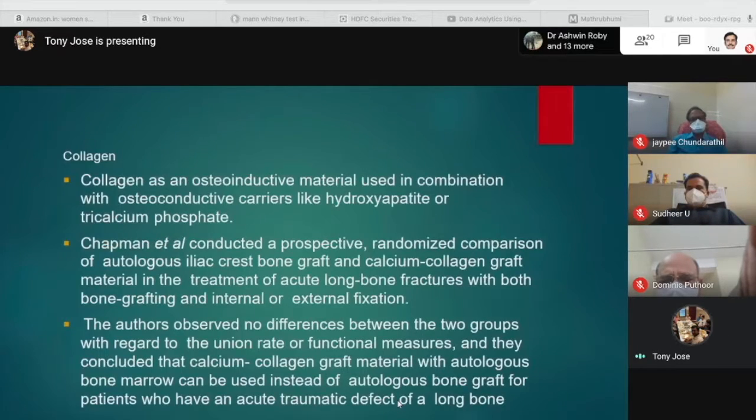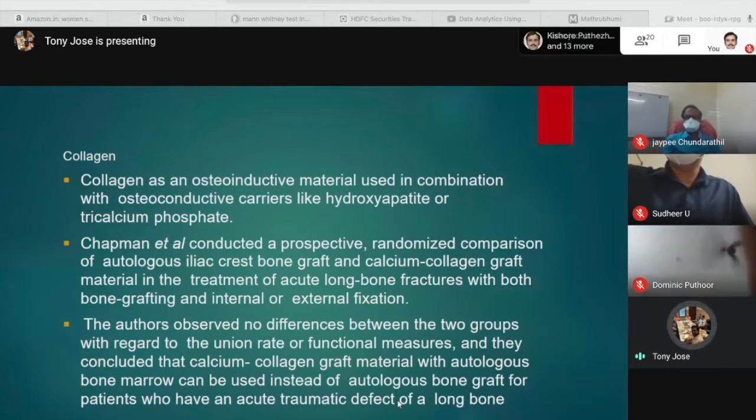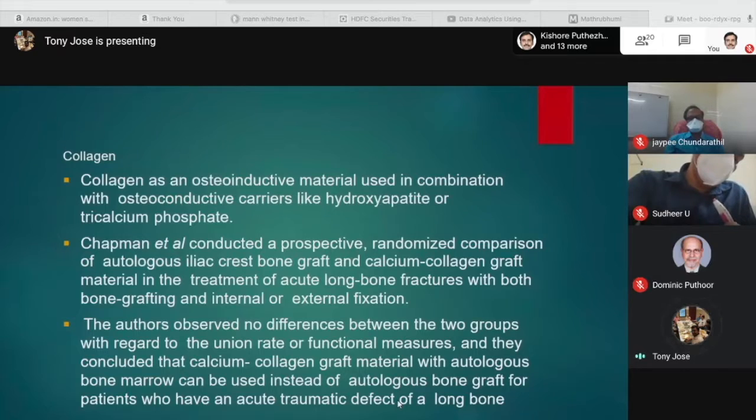Coming to collagen. Collagen is an osteoinductive material used in combination with osteoconductive carriers like hydroxyapatite or tricalcium phosphate. Chapman et al. conducted a prospective randomized comparison of autologous iliac crest bone graft and calcium collagen graft material in the treatment of acute long bone fractures with both bone grafting and internal or external fixation.